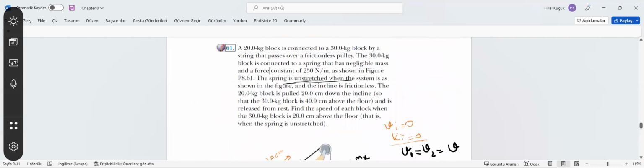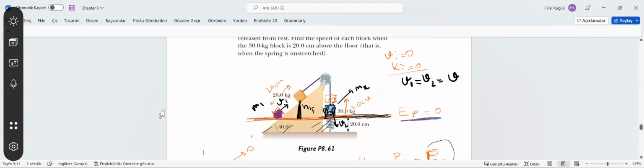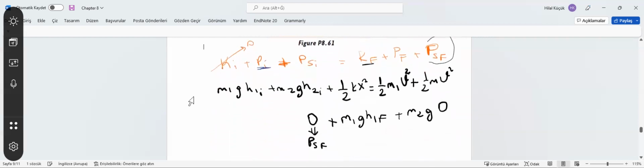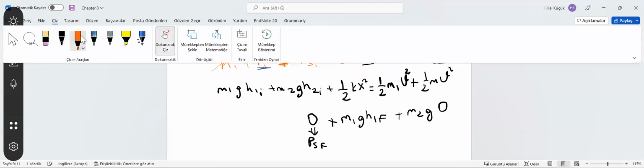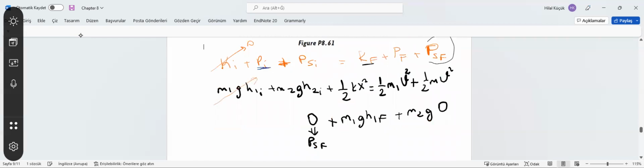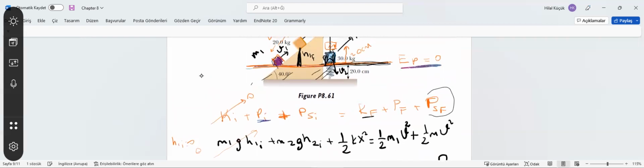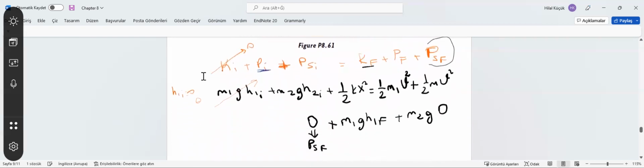I'm confused. Okay, look at here. At the first point, it comes to here, so my reference point will be 0. H1 initial will be 0 because of the reference point. Look at that one part. It was here, it's the new ground state. It will be 0.